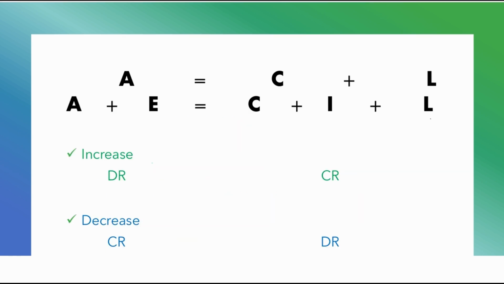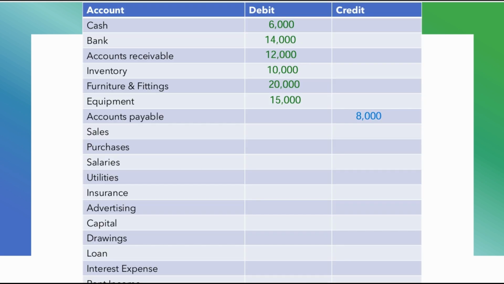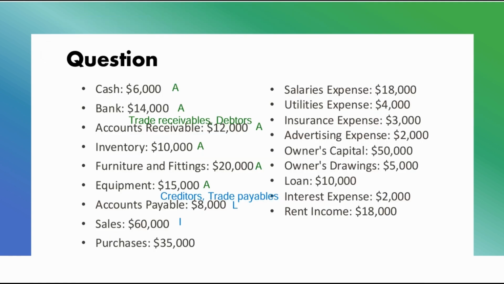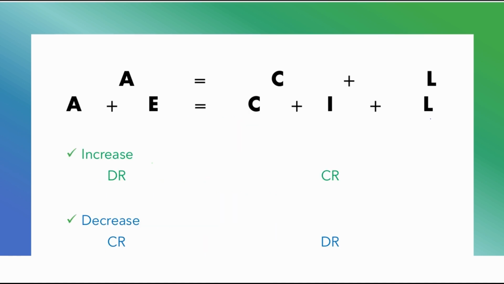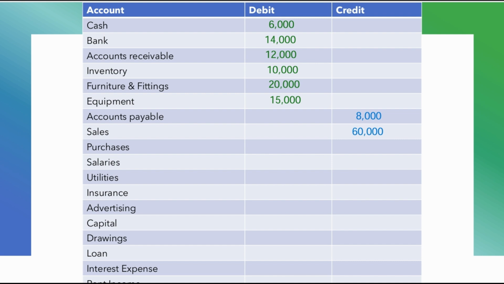Incomes are on the right hand side of the equation, so it's credited. 60,000 will be credited. Then we have purchases. Purchases is an expense when you purchase goods. Expenses are on the left hand side, so they have a debit balance. 35,000 will be debited.